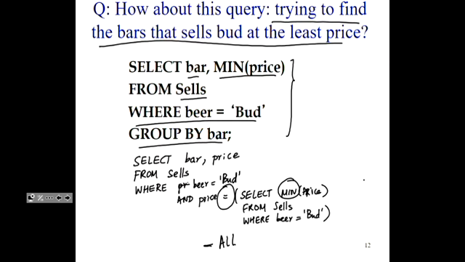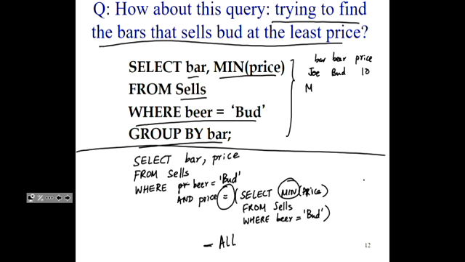Can you explain again why the first query won't work? Okay, so the reason why the first query won't work is, let's say you have bar, beer, price, and let's say you have Joe's bar with Bud and 10, Mo's bar with Bud and 12, and Mo also serves, let's say, a generic IPA at 5.